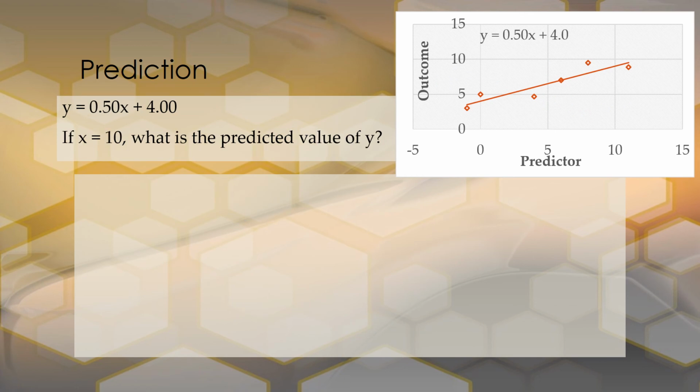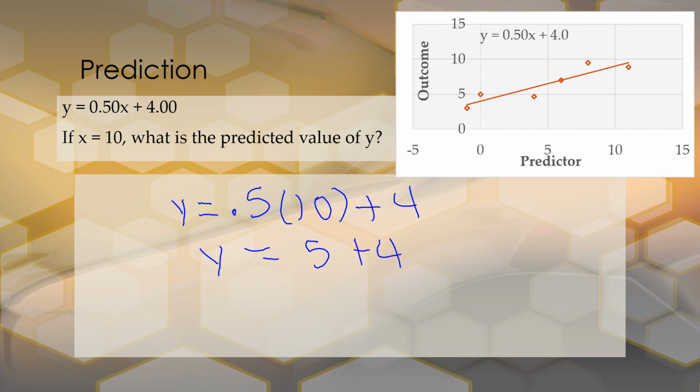So let's do another one. So say you want to know when x equals 10. So we just put y equals 0.5 times 10, just filling in that x value, plus 4. So y equals 5 plus 4. So y equals 9.